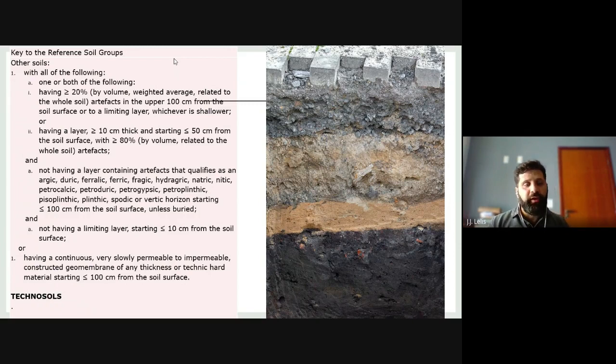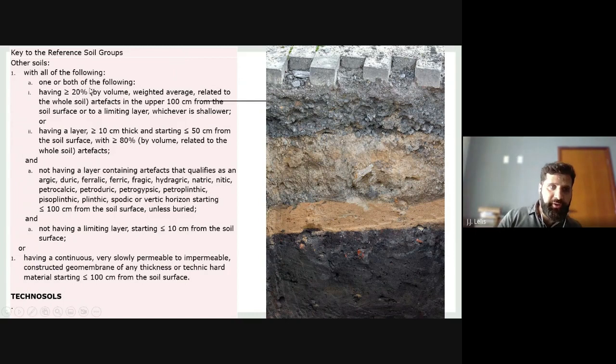The technosols are those soils that have one of these options: at least 20% of volume of artifacts, like materials produced by humans, like stones, like concrete, like rubber, inside the soil in the upper 100 centimeters from the soil surface, or if I have a limiting layer in this shallow thickness, I should find at least 20% of artifacts, of materials created by humans.